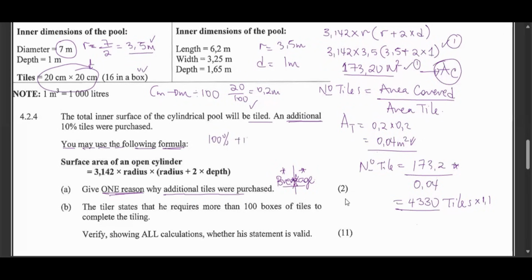I want to add 10% more, so this is 110. These are percentages, so it's 110 divided by 100, which is 1,1. When I multiply by that, I'll end up having 4,763 tiles.